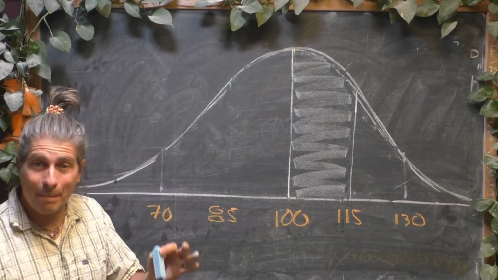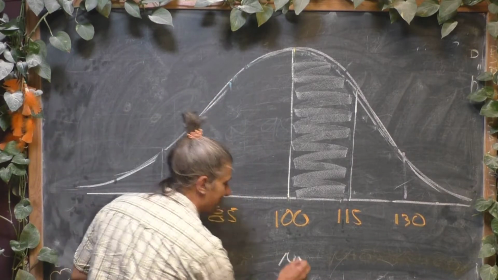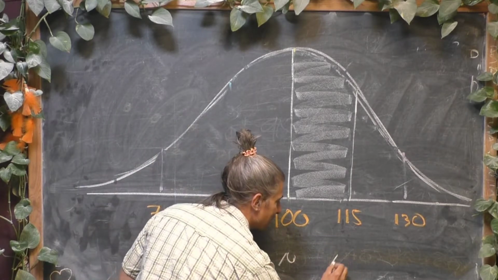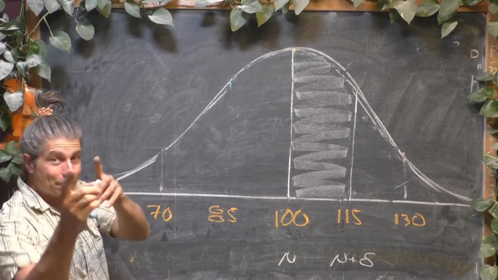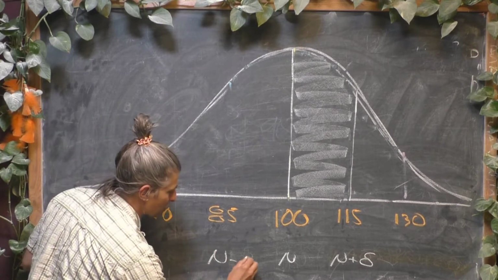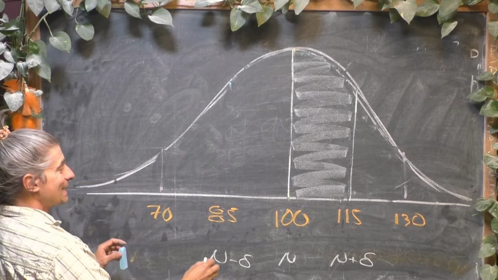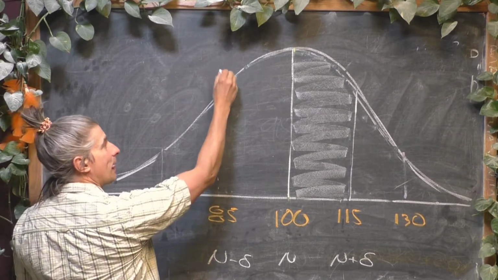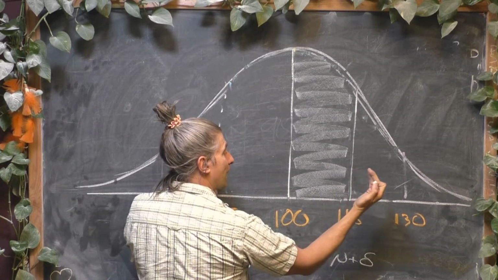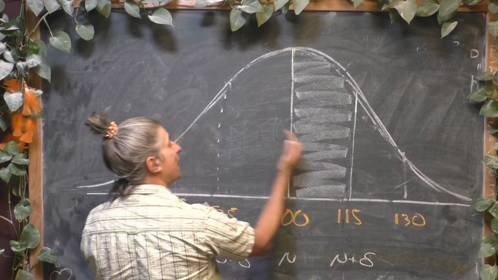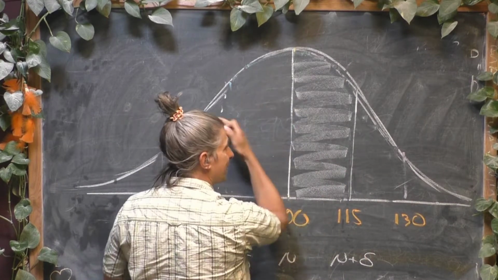It's important to remember that 100 is the average, and this 115 is the top of one standard deviation. That's important because you remember from your previous work that about 68% of all the data is between down and up one standard deviation, within one entire standard deviation.